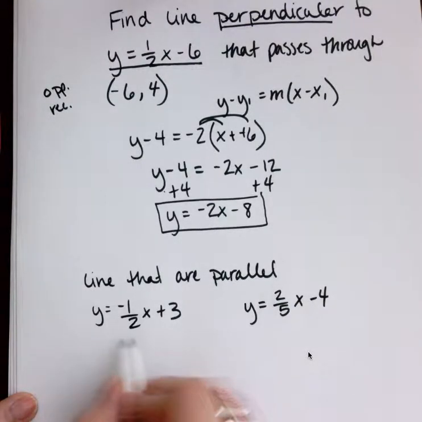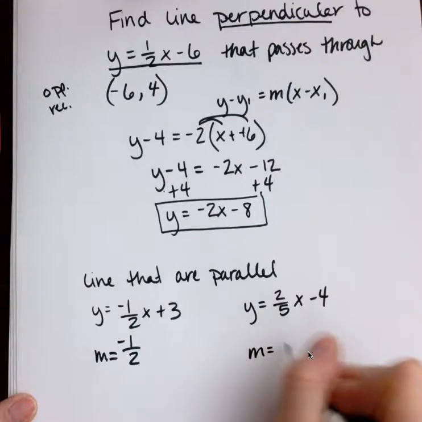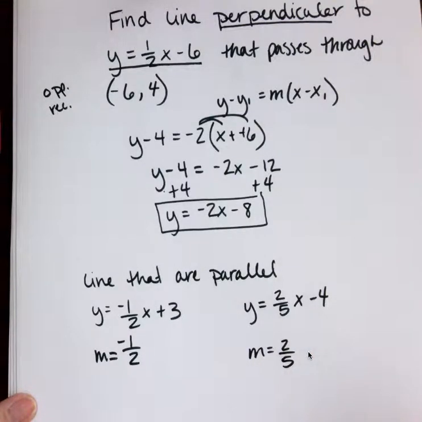My slope would be the same, negative 1/2. If I needed a line parallel to y equals 2/5 x minus 4, the slope of the line that's parallel to this is going to have a slope of 2/5 as well, right?